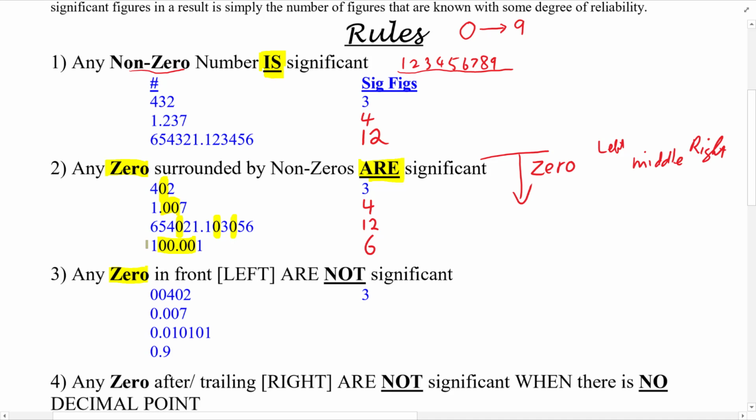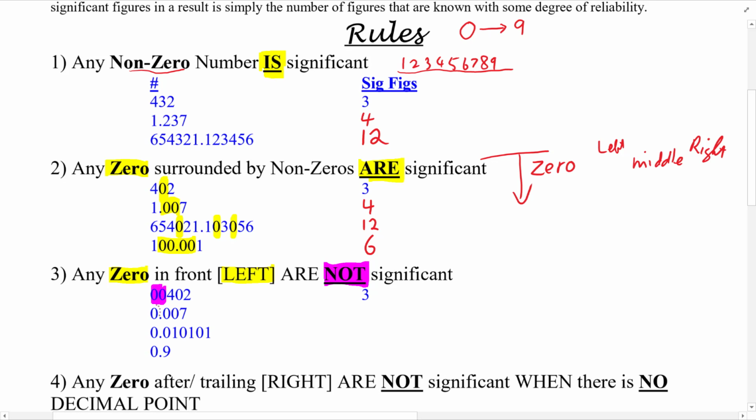So now the second rule here about zeros, which is rule number 3. We're still talking about zeros. Like I said, all the rest of the rules are all about zeros. This is the ones that are in front, the left. And now I'm going to highlight it in purple. These are not significant. So let's just highlight which ones are not significant. Well, there's a 0 in front. Those are zeros in front. Notice, I just did it, let me undo that.